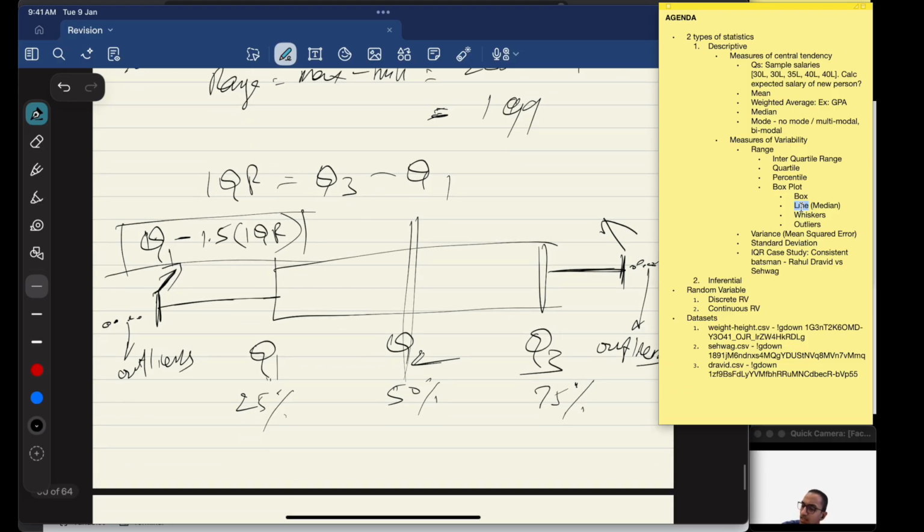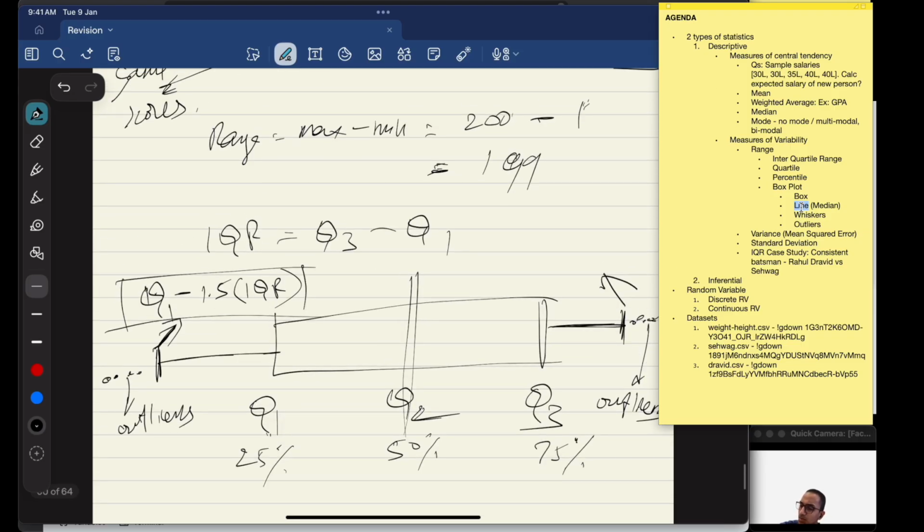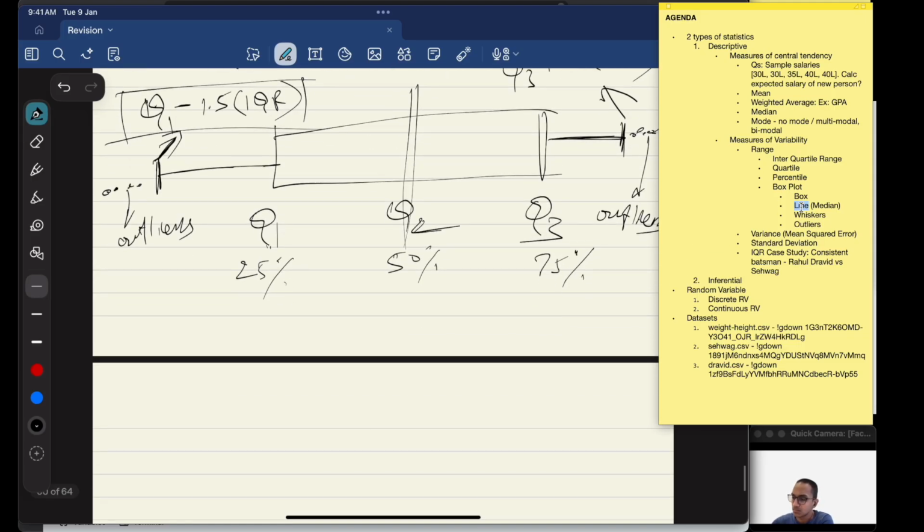So to find the lower value, we use this formula, and to find the upper value, we use Q3 plus 1.5 times IQR. Right? This is how we find it out. This is how the box plot is defined. Now let's try to find out these values manually.